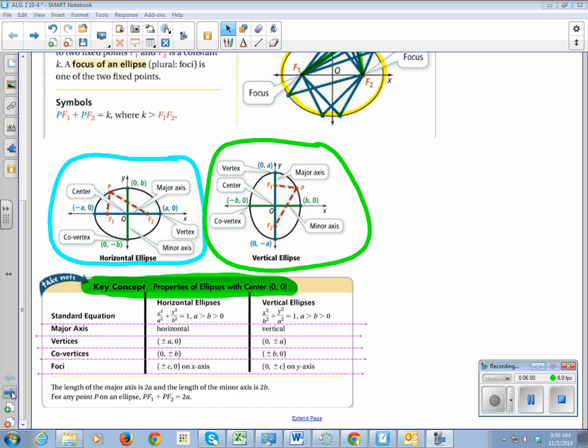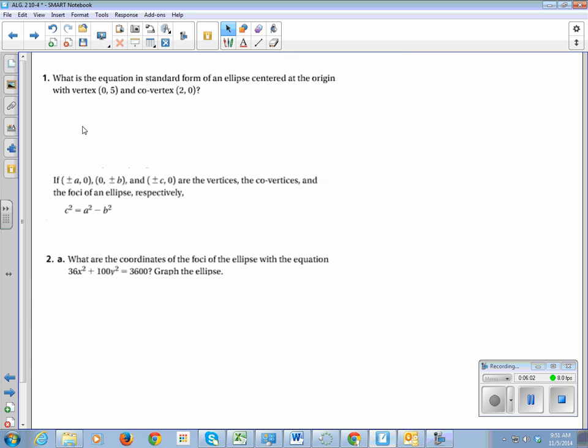All right, so let's use these. What is the equation in standard form of an ellipse centered at the origin? So let's write that.